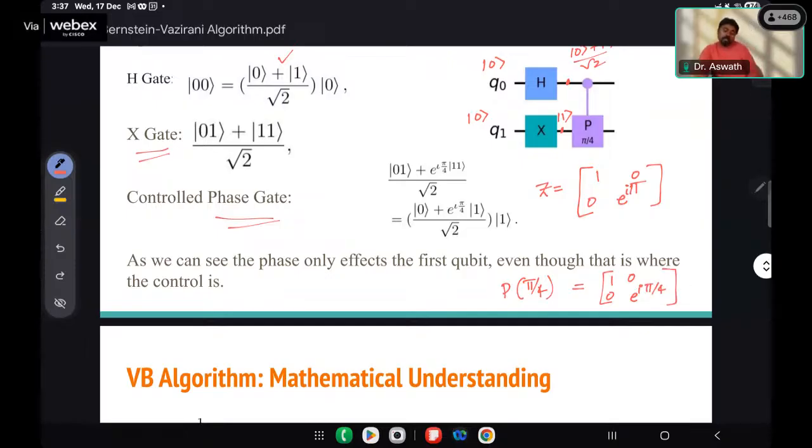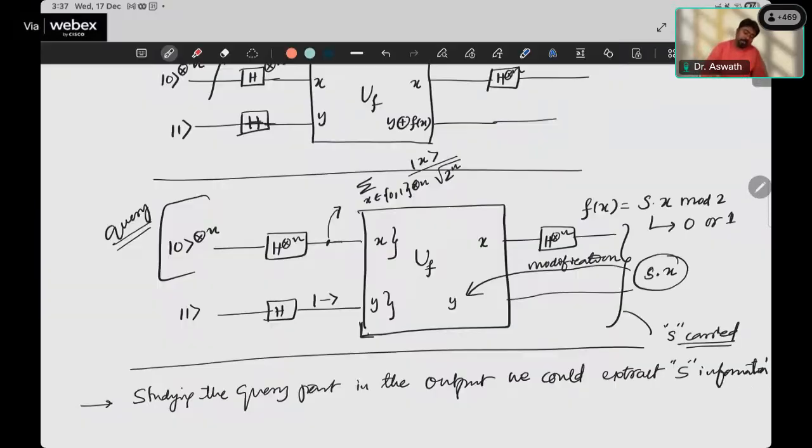Okay, right? So what it does, it only adds a phase to the 1 ket. It doesn't add phase to the 0 ket. That is what you see here. And remember, the phase gate is a controlled phase gate. Means whenever control is 0, there is no phase added. Whenever control is 1, it happens.